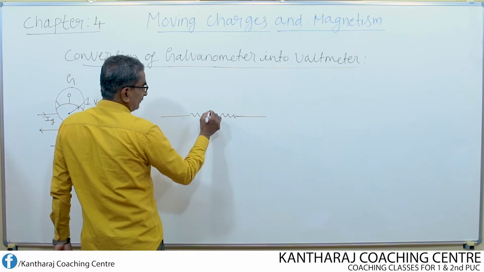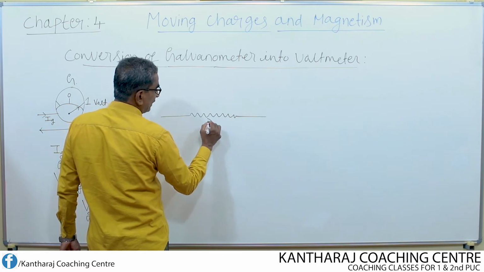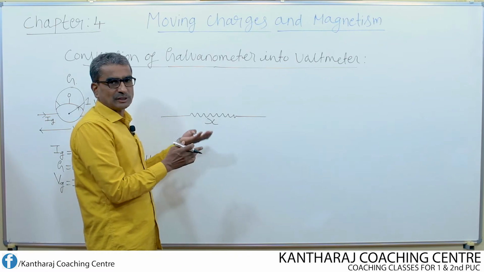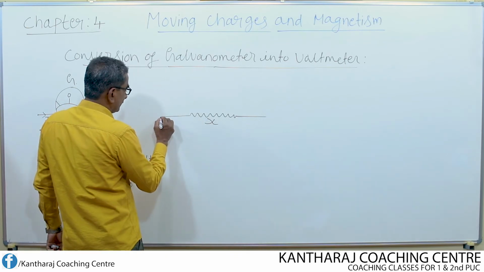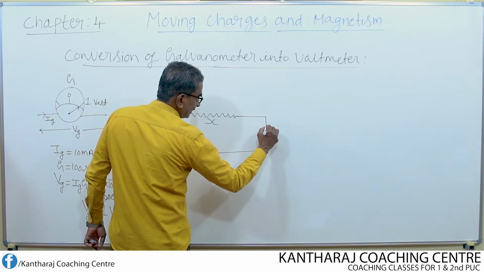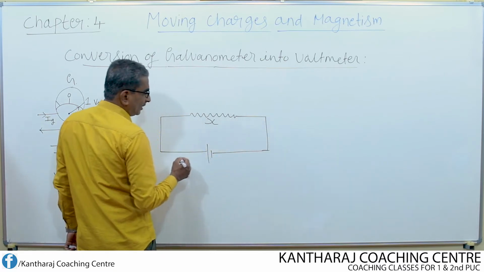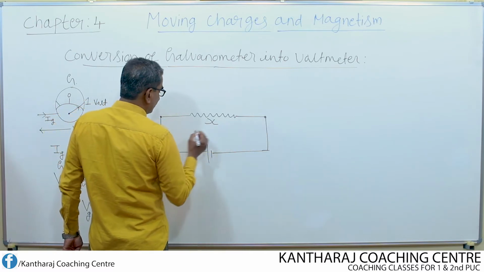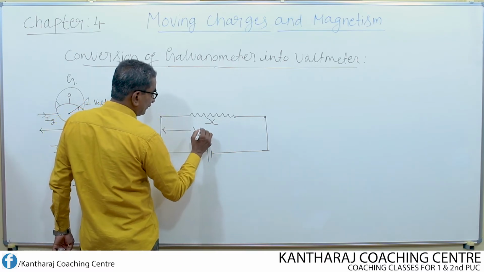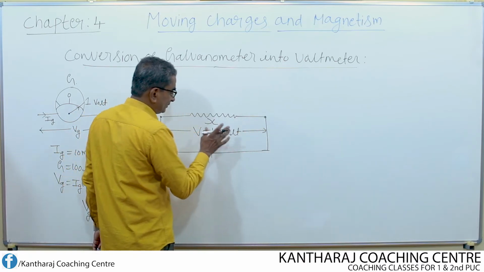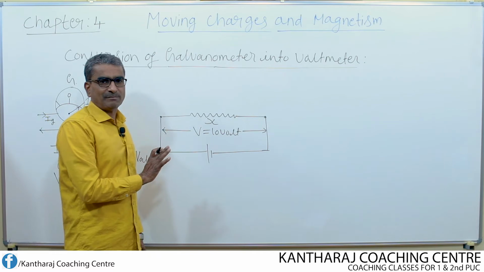Suppose there is a circuit consisting of a resistor of resistance X ohm, maybe 100 ohm, 200 ohm, 1000 ohm, whatever it may be. Suppose the two ends of this resistor are connected to a cell or a battery, and now between the two ends of the resistor, the potential difference is V equal to 10 volt. It may be of any value. I am considering it as an example.